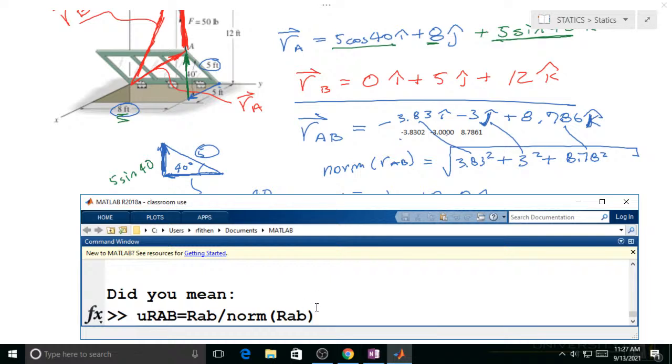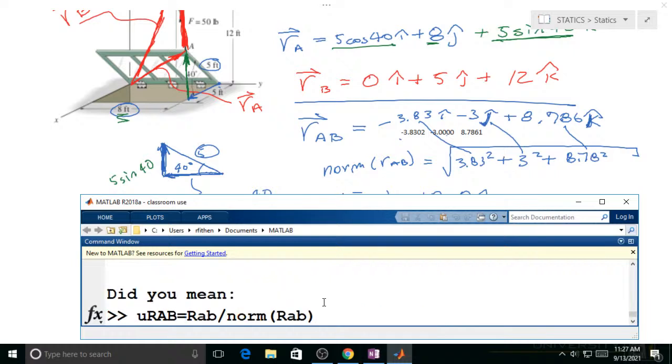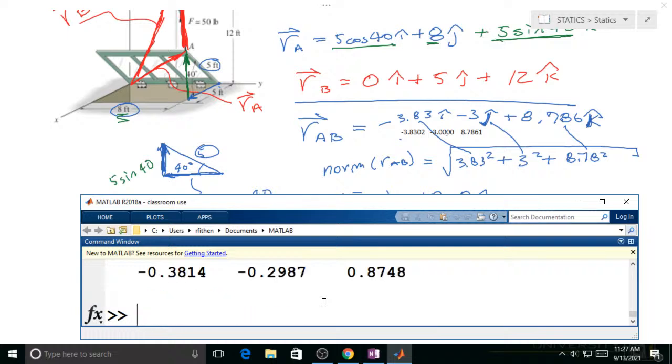What did I type in? Oh, I had the caps lock on. So, unit vector in RAB. Yeah, I had the caps lock on. Okay, so there's your base vector, not base vector, unit vector. Here I can use Alt tab to go back and forth.